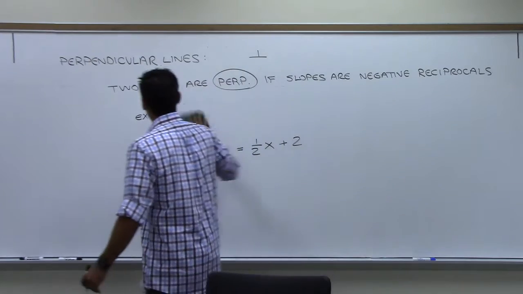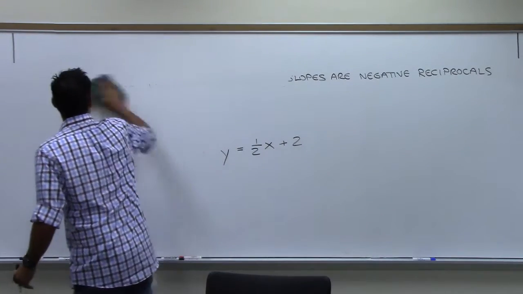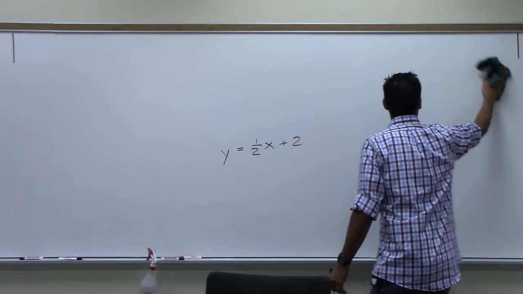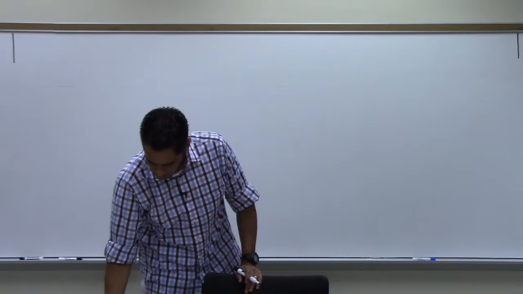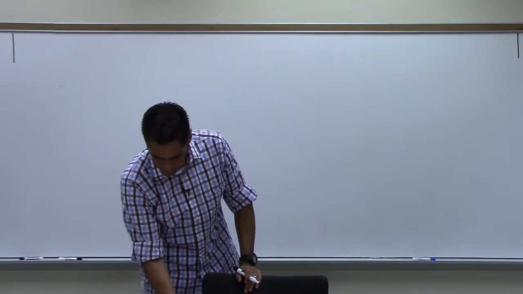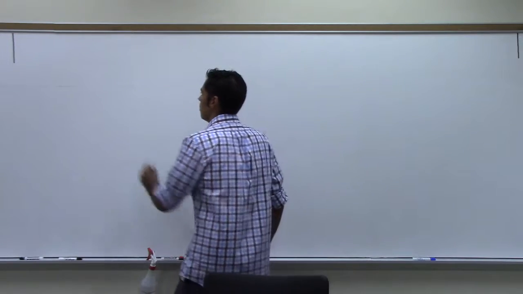So now what I'd like to do is give you an example where I'm going to give you two lines, and I'm going to ask you whether or not they're parallel, perpendicular, or neither. That make sense? Okay, so let's start with this one.